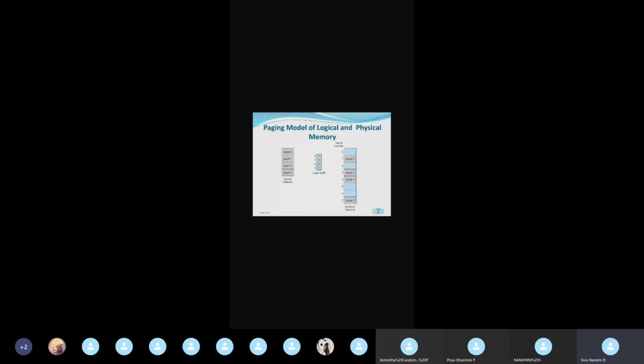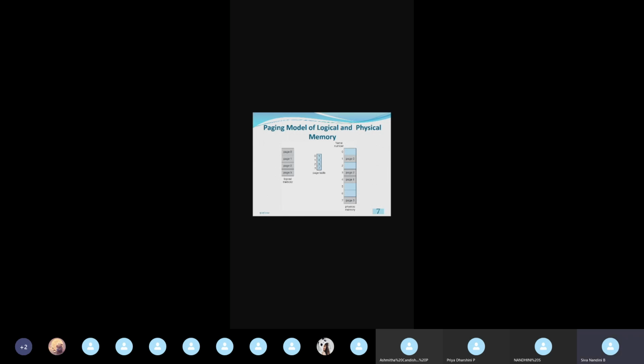In the page table, if you see the next page, outside we are having 1. Near to that 1, this 4 represents that page 1 is available in frame 4. See, in the physical memory, in frame 4, we are having page 1. Coming back to this page table, outside we are having 2. That 2 denotes page 2.